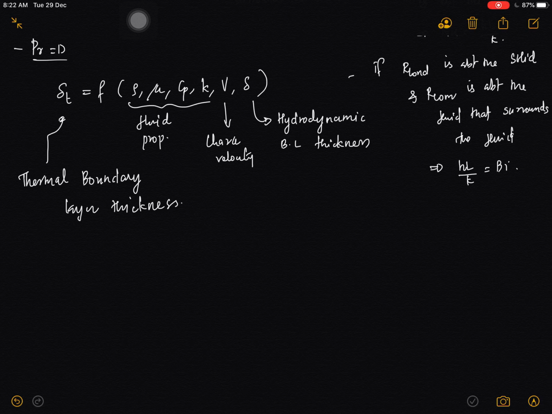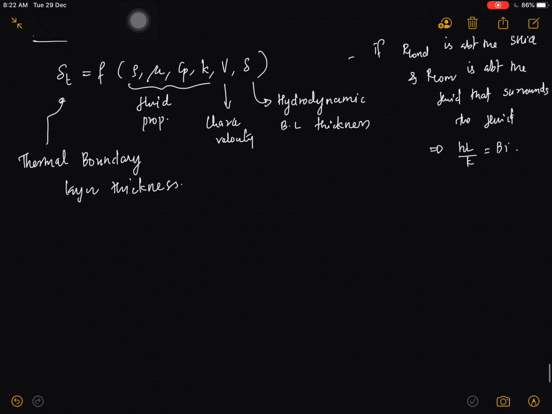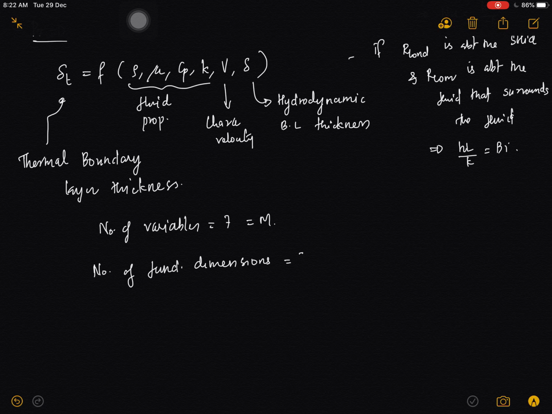So we can reveal this function by using dimensional analysis. And in this case also we have the number of variables equal to 7, which is m, and the number of fundamental dimensions is 4, which is n.